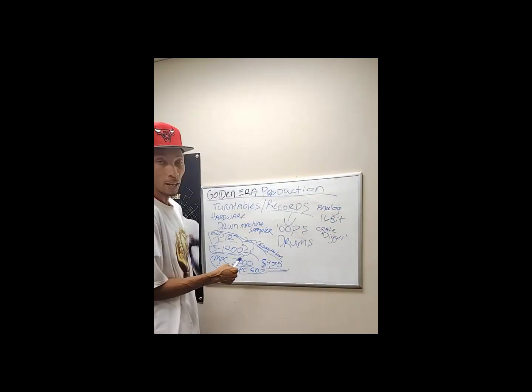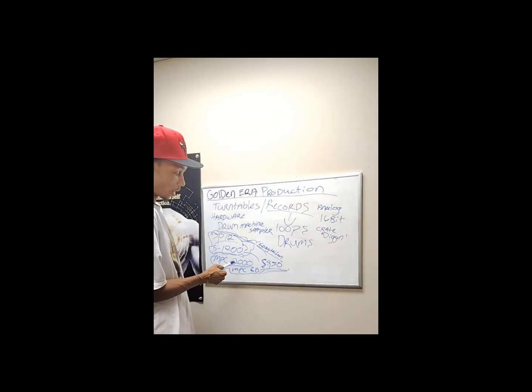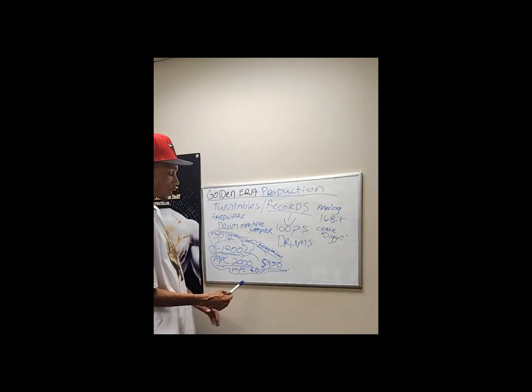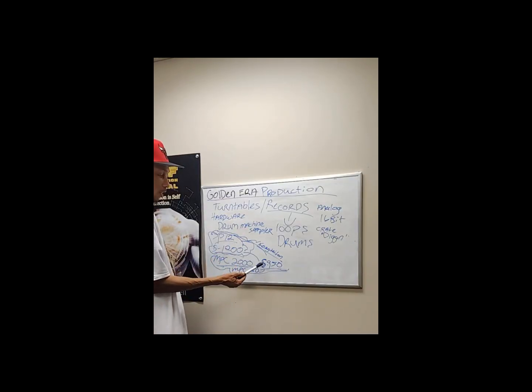And if someone doesn't show you, you're going to have to read the manual. The MPC might be a little easier for you to get away with. You still have to read the manual, but it's a little less difficult to learn than the S950, SP12, and the SP1200.